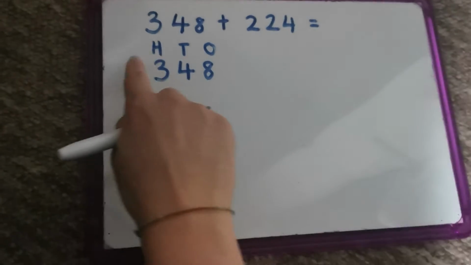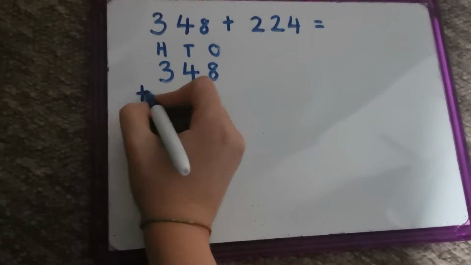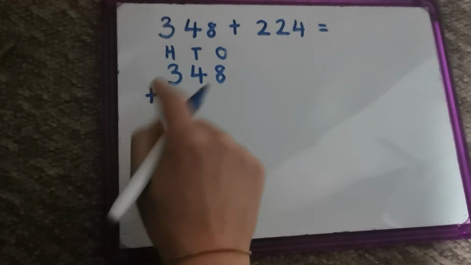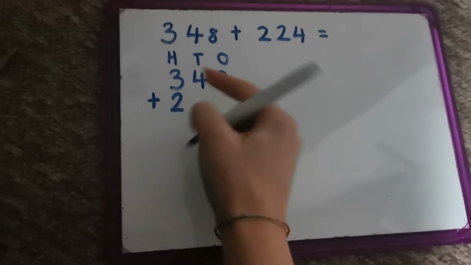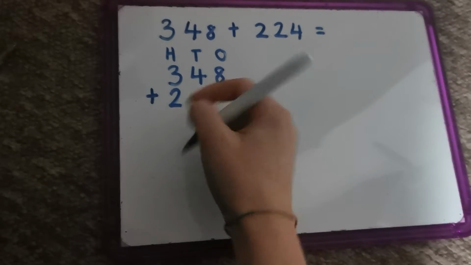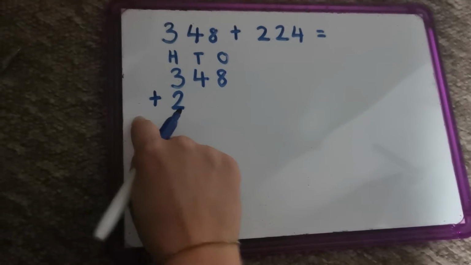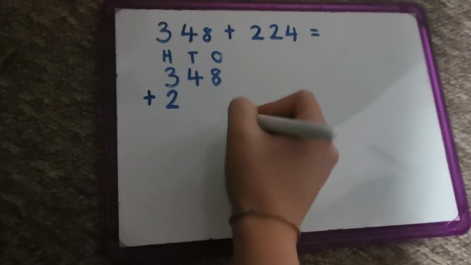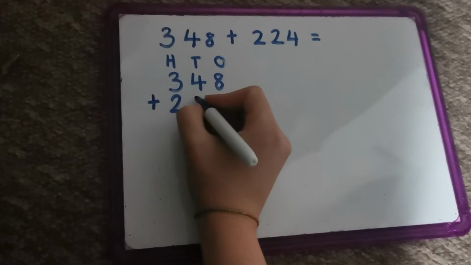Okay, so 348 has 3 hundreds, 4 tens, 8 ones. I'm adding, so I'm going to place the add symbol there, and then I'm going to place 224 underneath. Make sure the hundreds are underneath the 3 and not over here or over there, because otherwise you're going to get muddled and then add the numbers up incorrectly.